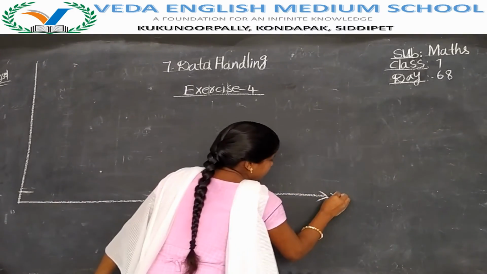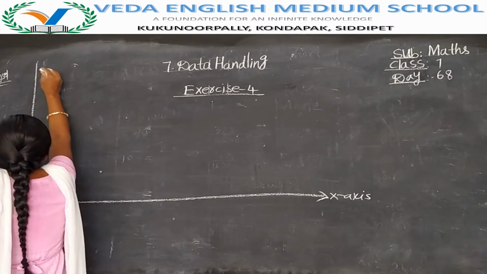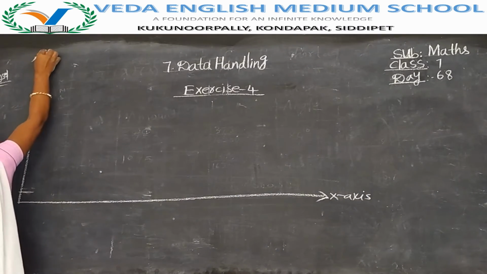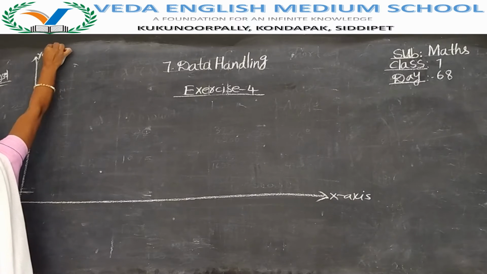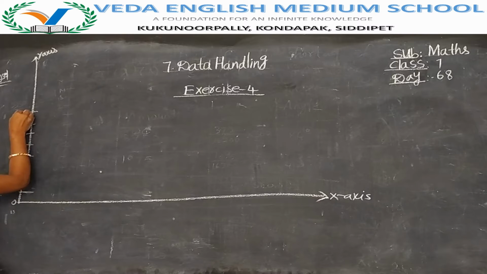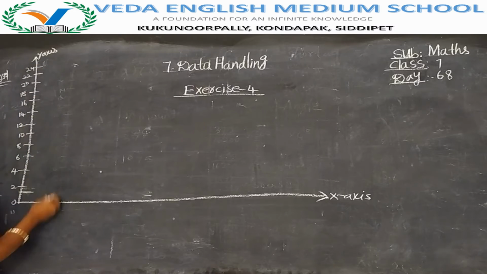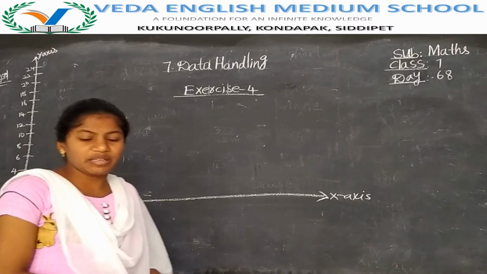Here it is the x-axis. 1 centimeter is equal to units on the Y-axis. It doesn't matter how you take it, son, we just need a bar graph. So here: 0, 2, 4, 6, 8, 10, 12, 14, 16, 18, 20, 22, 24. Up to here is enough. Then down here we have to write the names of the states.